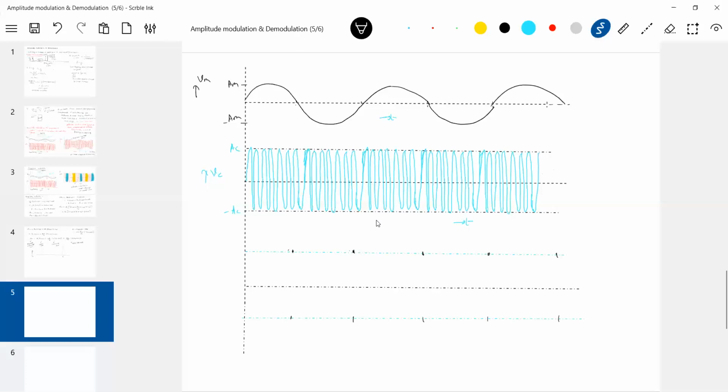Actually, you should not draw a solid line.